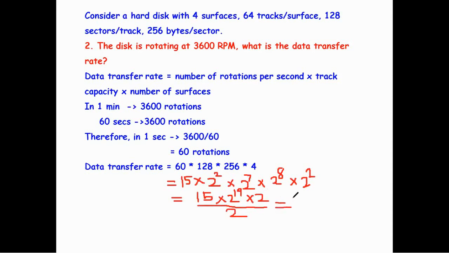This is equal to, when 15 is divided by 2, we get the value as 7.5 into 2 power 19 into 2, which is nothing but 2 power 20. 2 power 20 is 1 MB. 1 MB into 7.5 is nothing but 7.5 MB. Therefore, data transfer rate is equal to 7.5 MB per second.